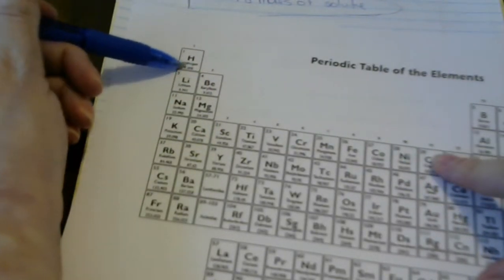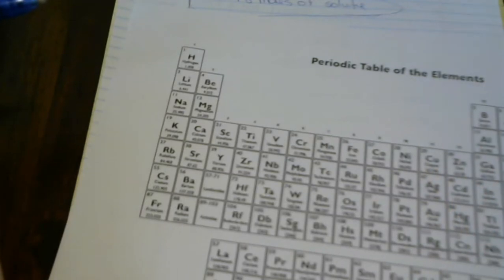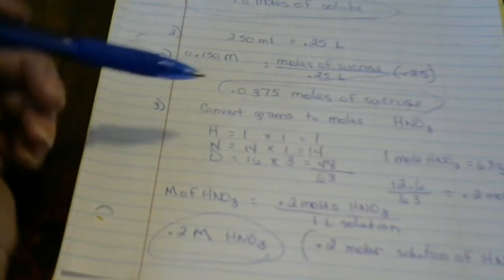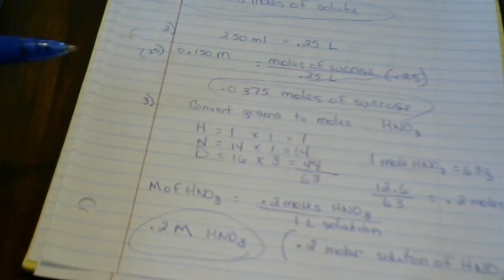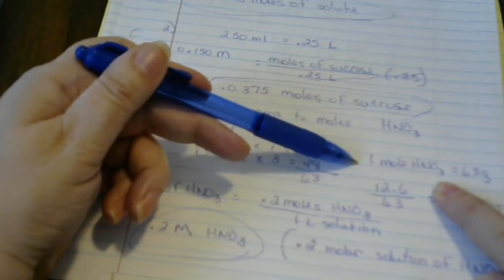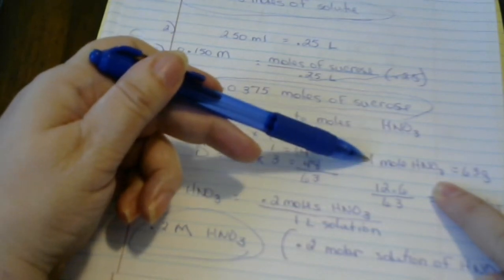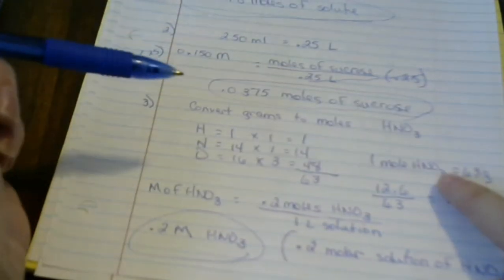Okay, so you have the atomic mass right here. That's how you find the molar mass. Okay, so I found out that I have 63 grams in 1 mole of HNO3. Okay, so 1 mole of HNO3 is equal to 63 grams.